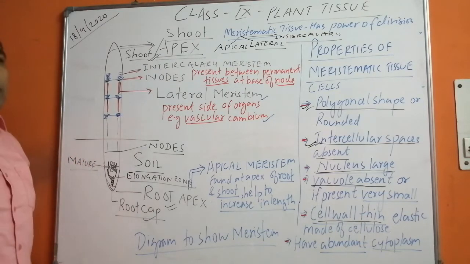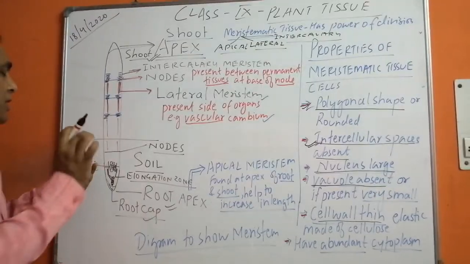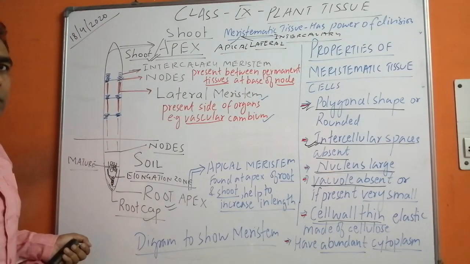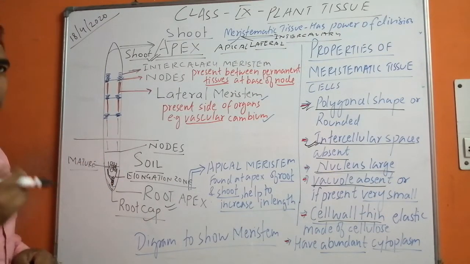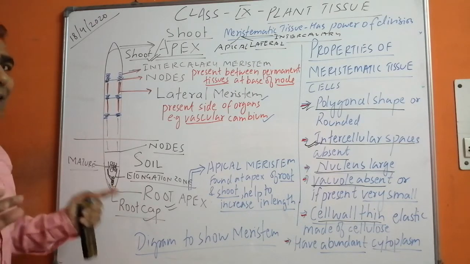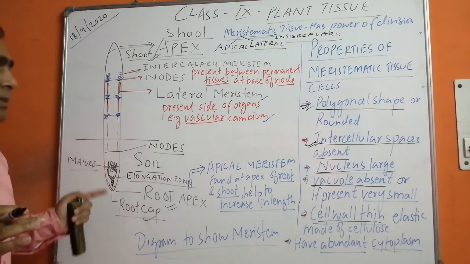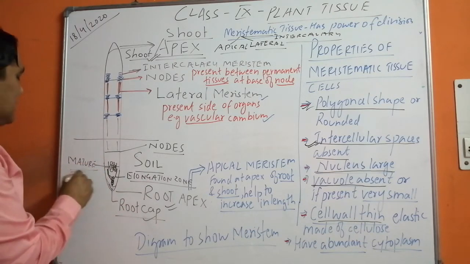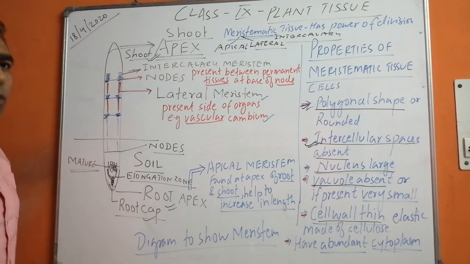Mature zone cells are those which are going to do other functions, like xylem having the parenchyma cells, the sclerenchyma cells. The sclerenchyma and parenchyma cells in the roots are all mature cells, meaning they cannot divide now. They will do some other function.